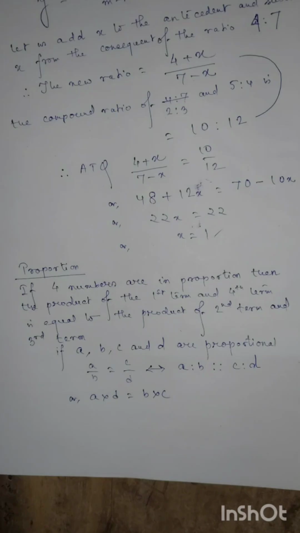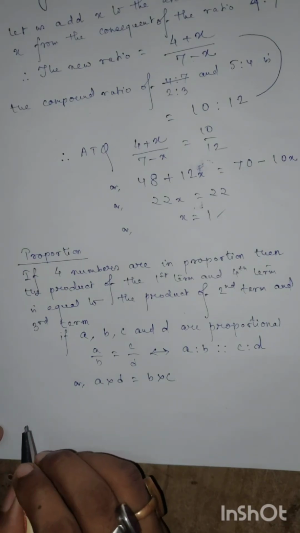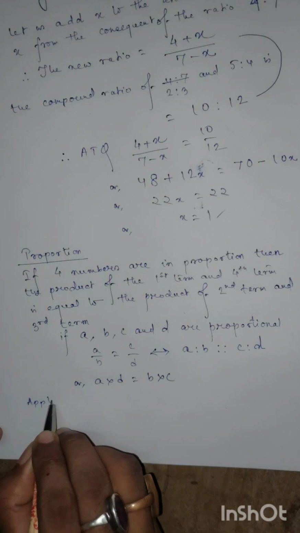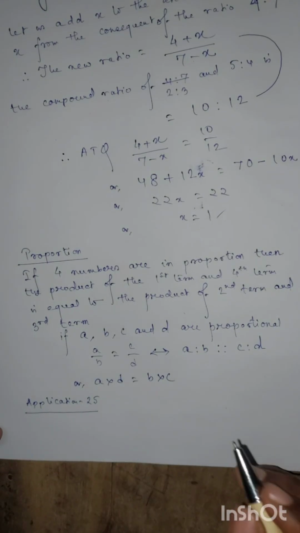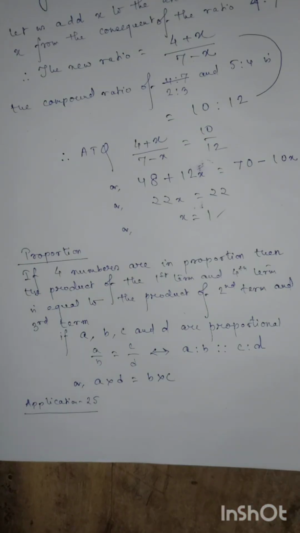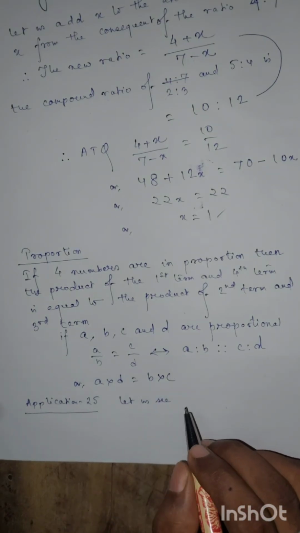So let us do an example or an application using this concept. Application 25 says, let us see whether four numbers 2, 7, 12 and 42 are in proportion or not.